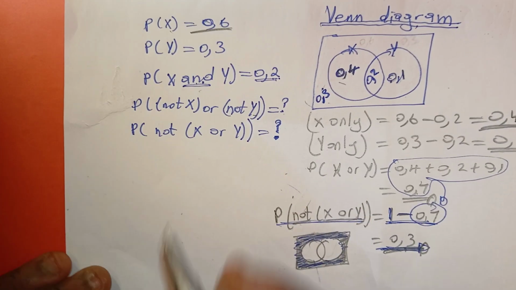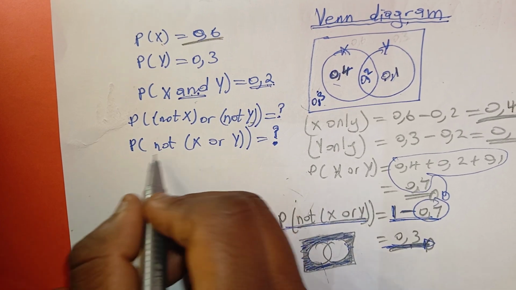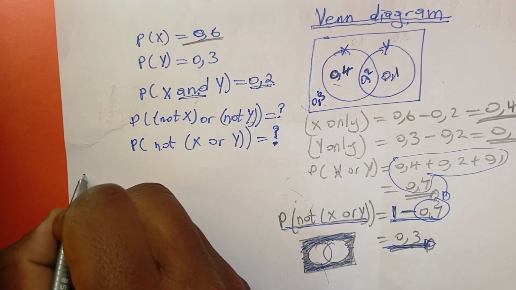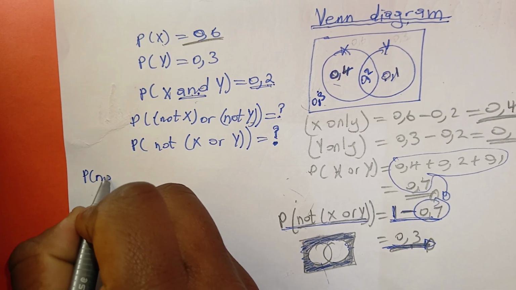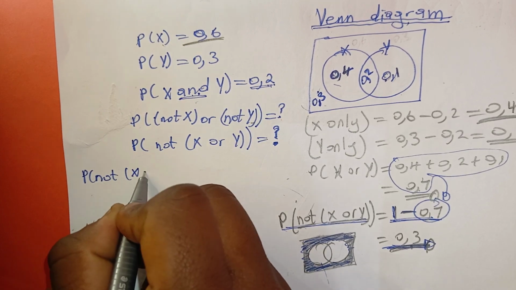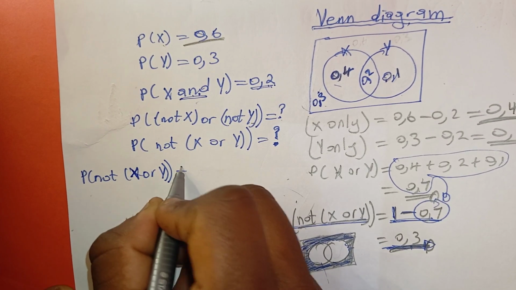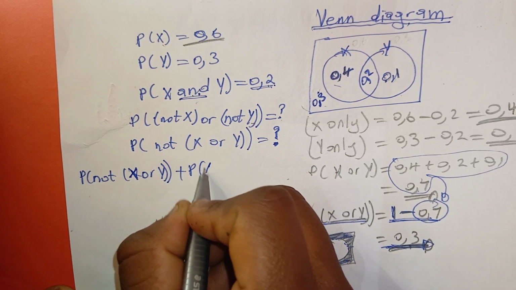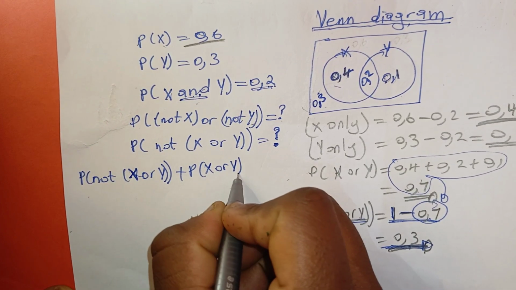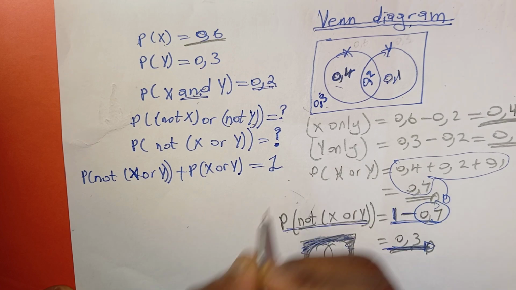But to show you again, you can just use the complement: not x or y plus x or y should give me 1.